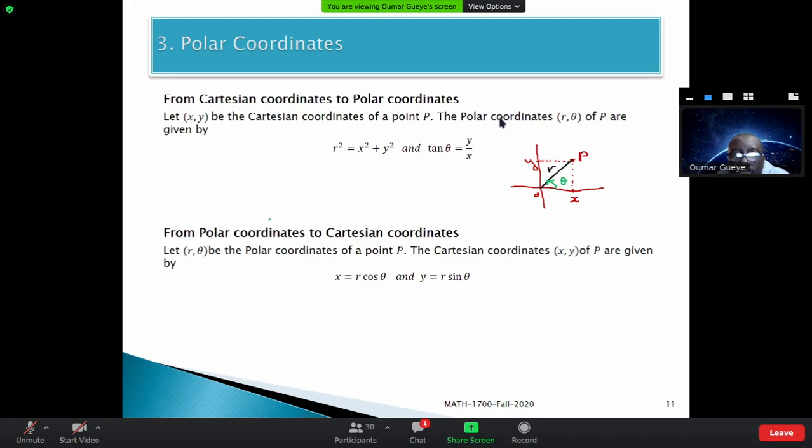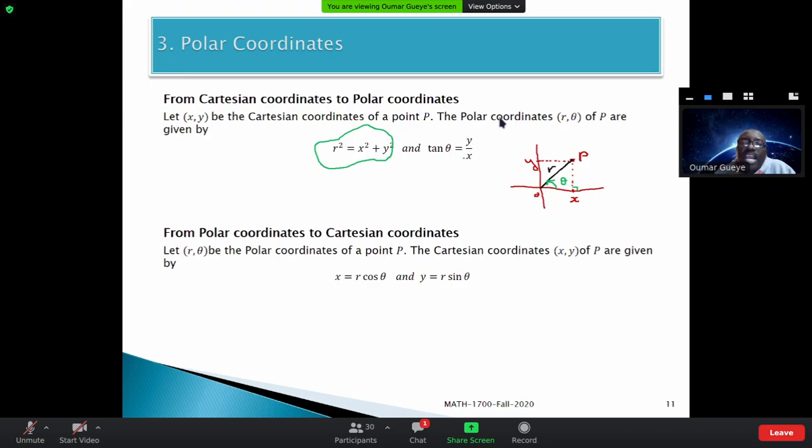From this picture, you can see this is a right triangle, because this is the right angle here. Since X and Y are known, if you want to get R, you use the Pythagorean theorem: R is equal to the square root of X squared plus Y squared, and you will get exactly this formula.